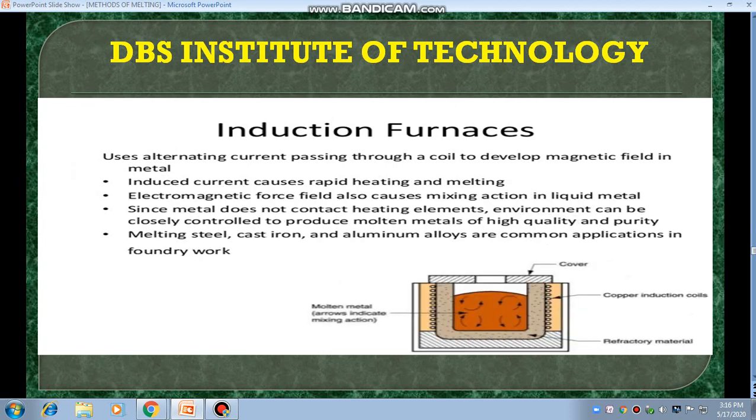Induction furnaces. In these induction furnaces, alternating current is passed through coils to develop a magnetic field in the metal. The induced current causes rapid heating and melting.